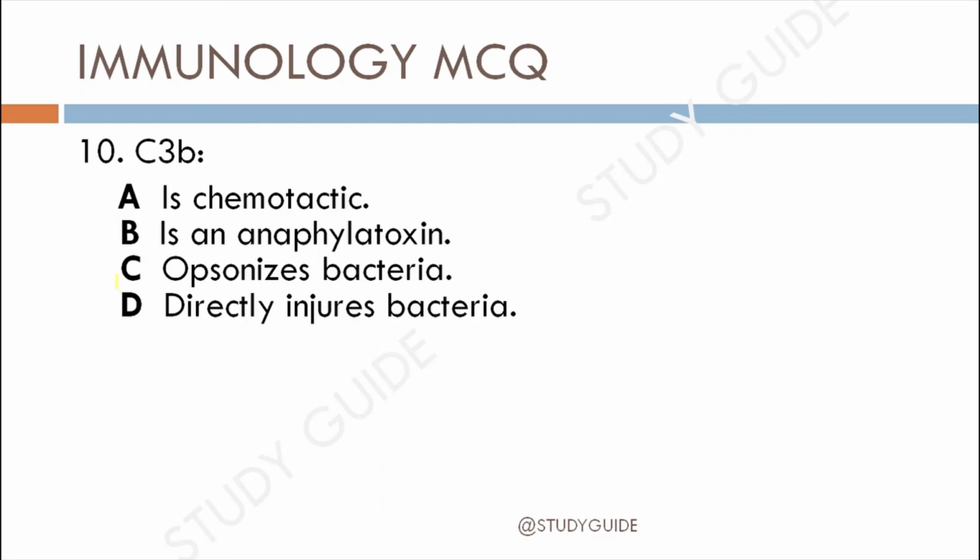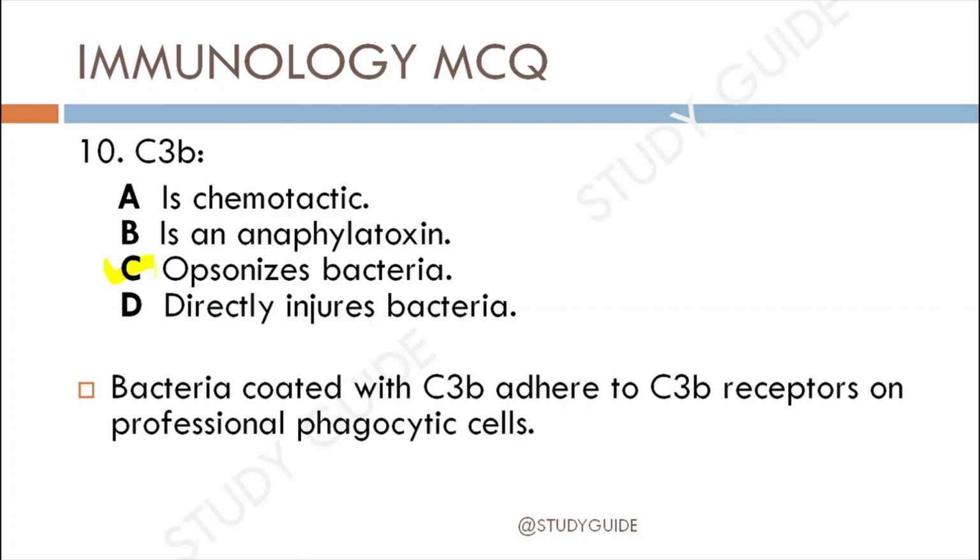The correct answer here is option C, that C3b is the opsonizing agent. Bacteria coated with C3b adhere to the C3b receptors on the professional phagocytic cells. So C3b acts as an opsonizing agent.